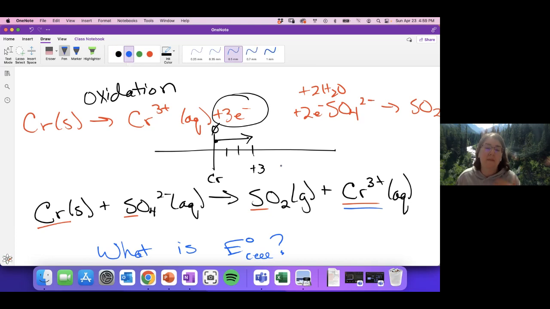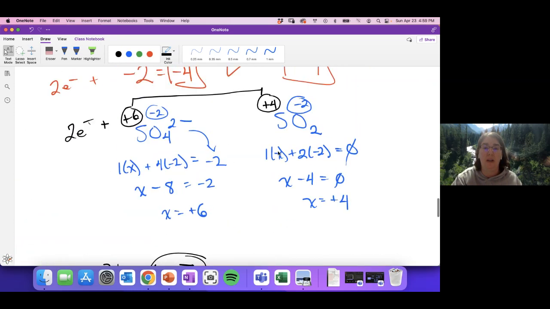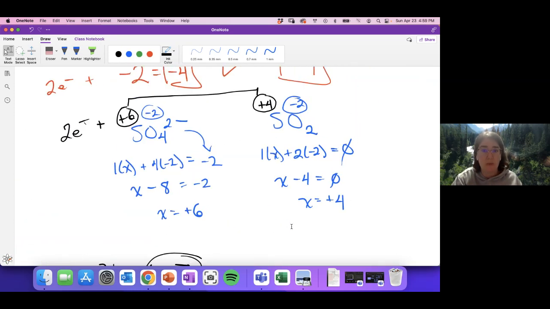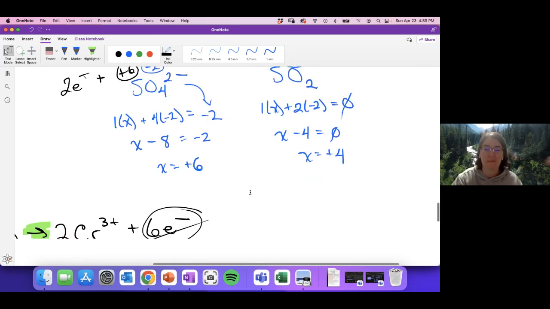Now, in order to figure out that sulfur is being reduced, that would be another time where we could go back through all of the oxidation numbers that we did to look at the fact that my sulfur is going from +6 to +4. I'm not going to redo that math since it's already done for you.